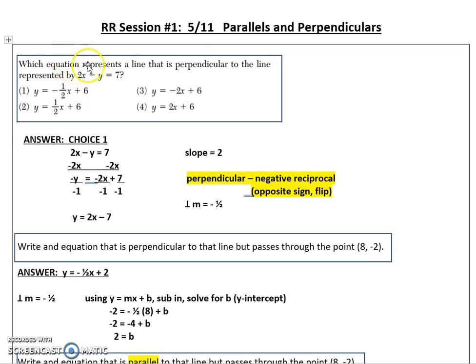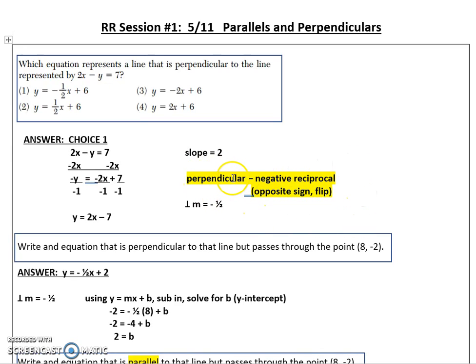The first question that you might see is which equation represents a line that is perpendicular to the line represented. It's imperative that you know that perpendicular means negative reciprocal, opposite signs flip.